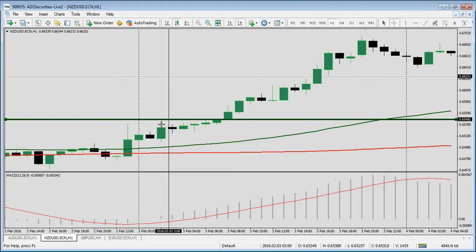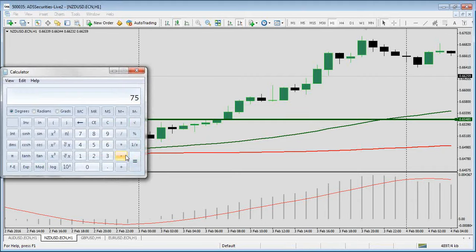Whatever the size from the highest high to the lowest low that you have over here, this is our immediate lowest low we are referring to. So let's say it's 74 pips. You multiply it by 1.5. Okay, let's say 75 multiplied by 1.5, and that makes 112 pips.